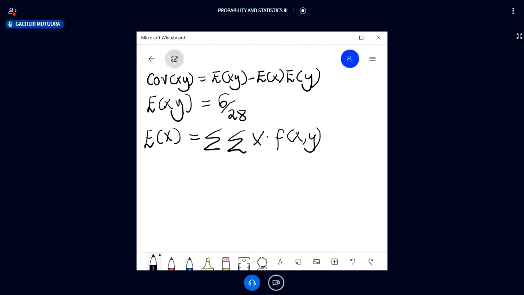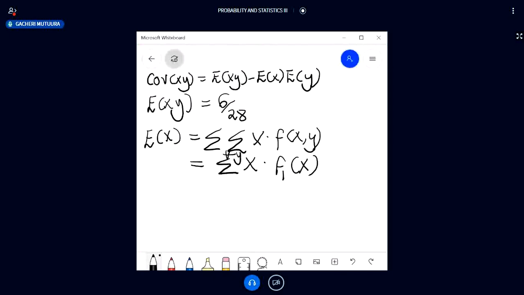And this we said will be the same as summing x times f1 of x, that is x times the marginal of x, because if you sum fxy over the values of y, you'll end up with the marginal of x. Then you can sum x times the marginal of x to get the expected value of x.